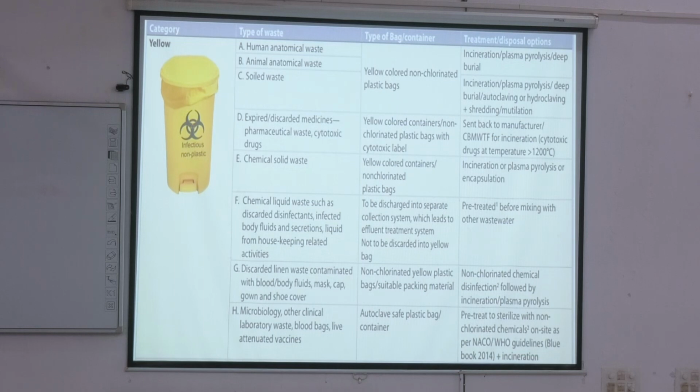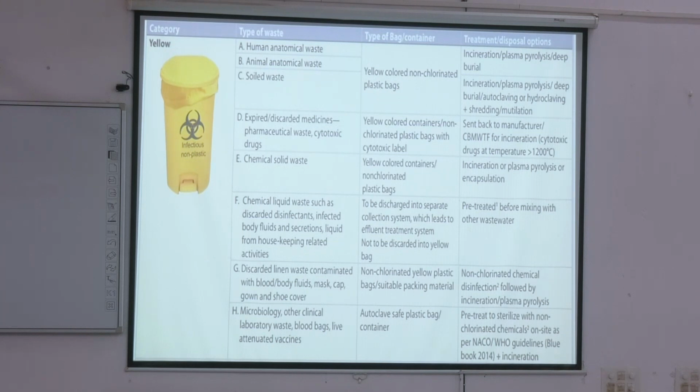In the yellow bag, you put any anatomical waste, solid waste, chemical waste, or pharmaceutical waste. And the bag you are using should be a non-chlorinated bag, because at high temperature those things will go for incineration or autoclaving.